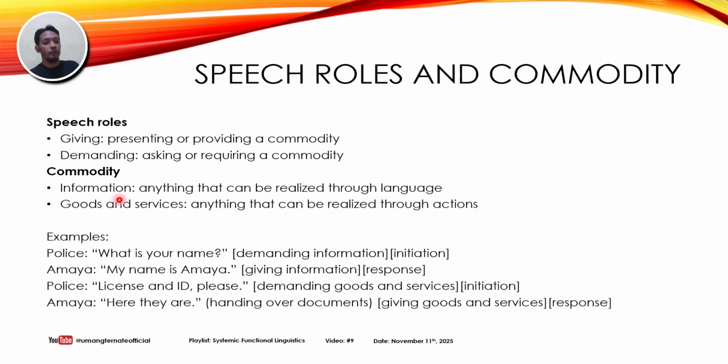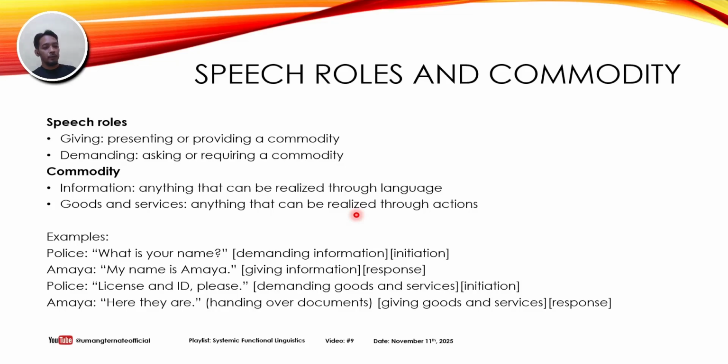The first one is information, which is anything that can be realized through language, and the second one is goods and services, which are anything that can be realized through actions. Okay, so in this case, we can understand that language is not only used to exchange information but also to get things done, right?